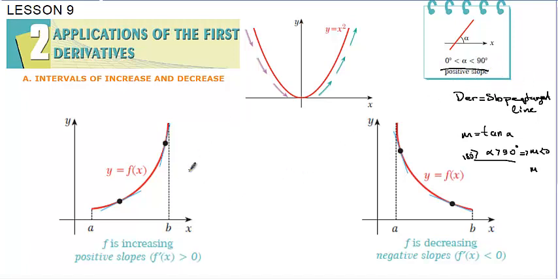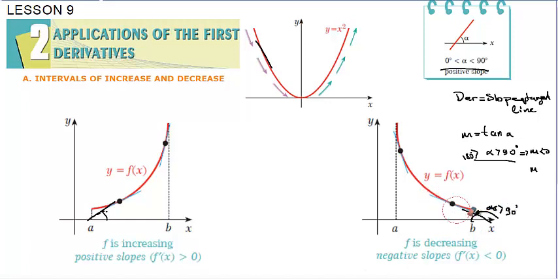So if the function is increasing, when you draw your tangent line, the slope is going to be positive. And when the function is decreasing, when you draw your tangent line, the angle, as you see, is greater than 90 degrees.